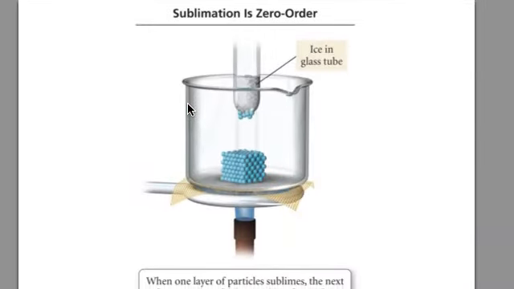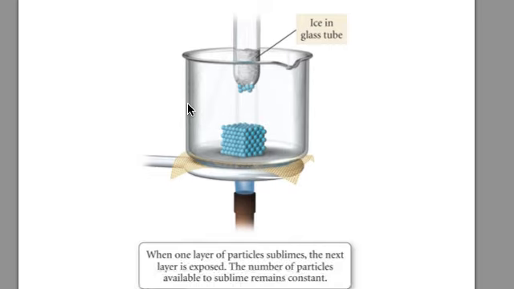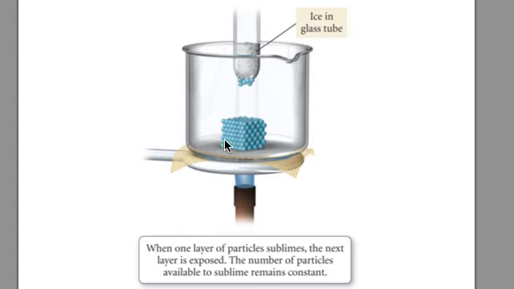I've been told that a zero order example, I've not tried it and measured it myself, is the sublimation and subsequent redeposition of carbon dioxide dry ice. Looks like they have a burner down here, a chunk of dry ice here that sublimates from a solid to a gas and then recondenses as crystals up onto this cool test tube, and the rate of that going from here to here is zero order.